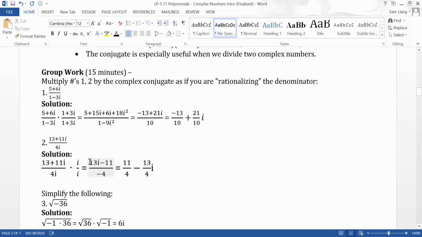Okay, so if you write this in a plus bi form, you do 13i divided by negative 4, which is negative 13 over 4 i, which I have on the right. But again, I'm going to write it in a plus bi form, so the imaginary part comes second. And then negative 11 over negative 4 is 11 over 4. So that'll be the answer to this question: 11 over 4 minus 13 over 4i.